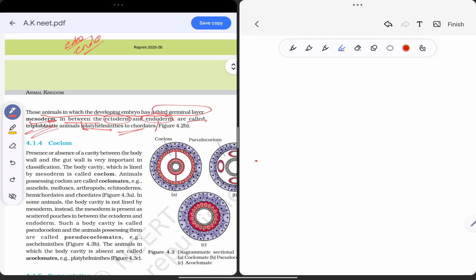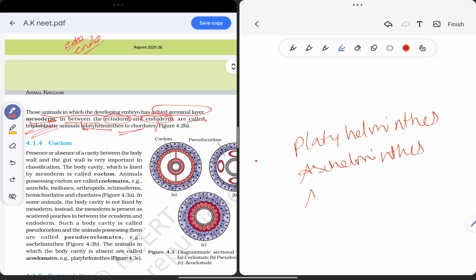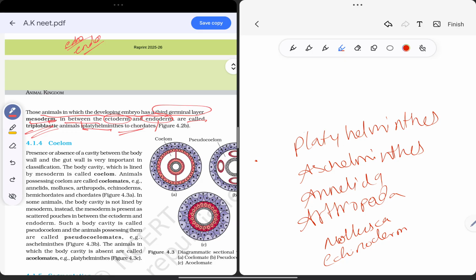From platyhelminthes to the chordates, what all phyla are coming under that? Phylum Platyhelminthes, Aschelminthes, Annelida, Arthropoda, Mollusca, Echinodermata, and Chordata.